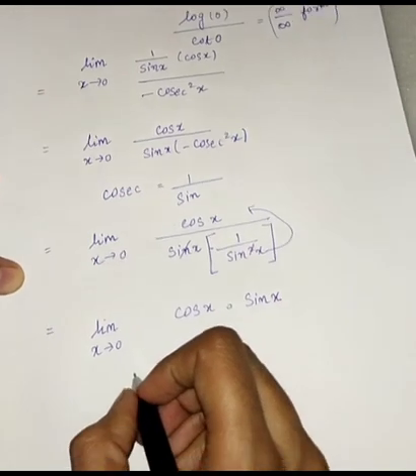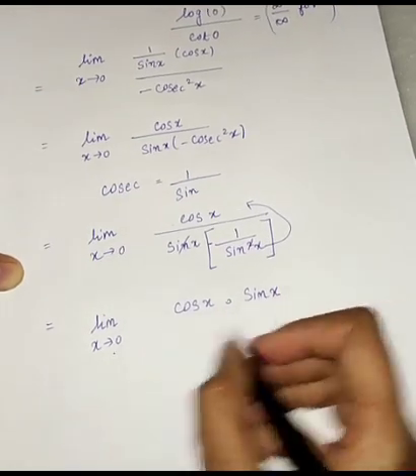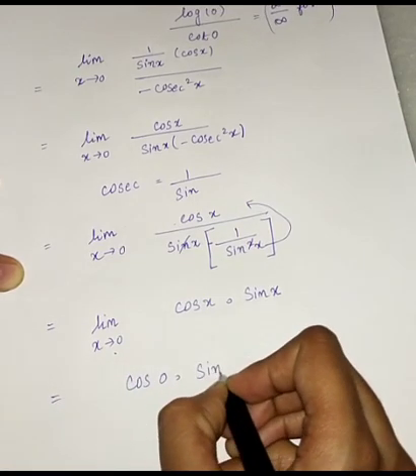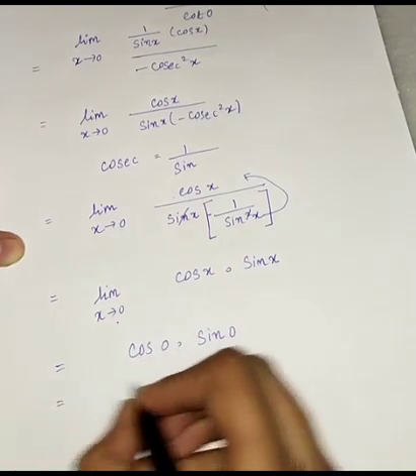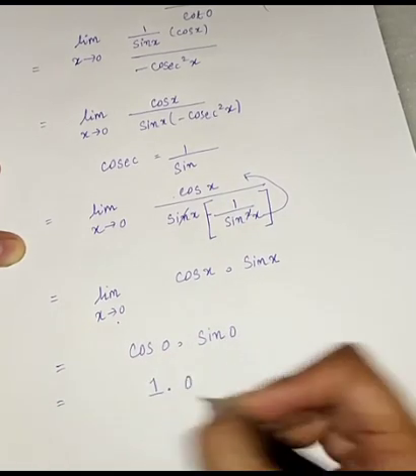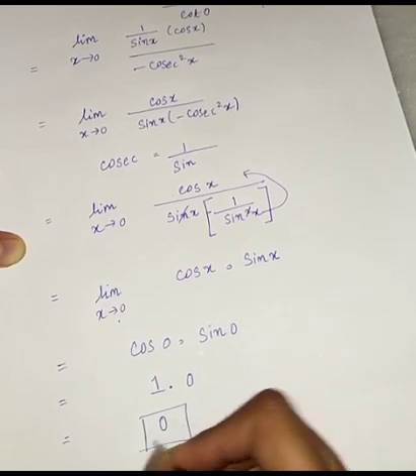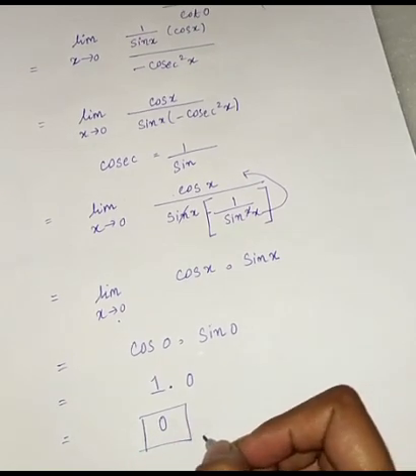Now if we substitute this limit here, then we get cos 0 into sin 0. Cos 0 is 1 and sin 0 is 0. So we get 0. So the answer of this question is 0.